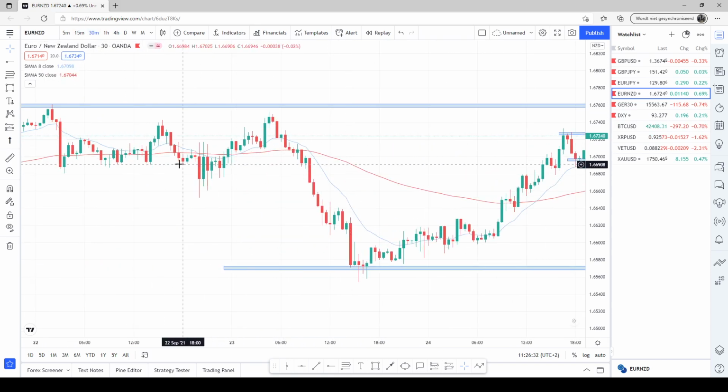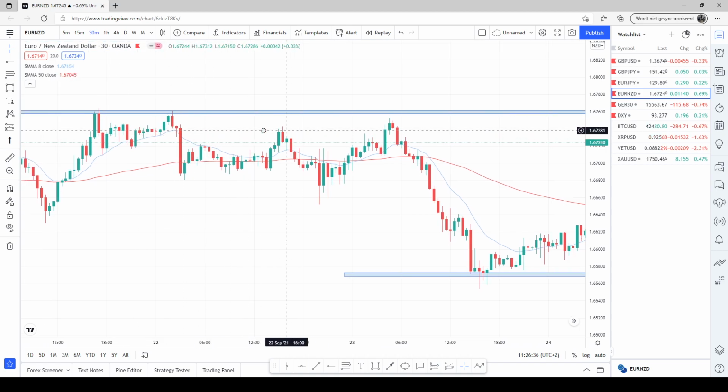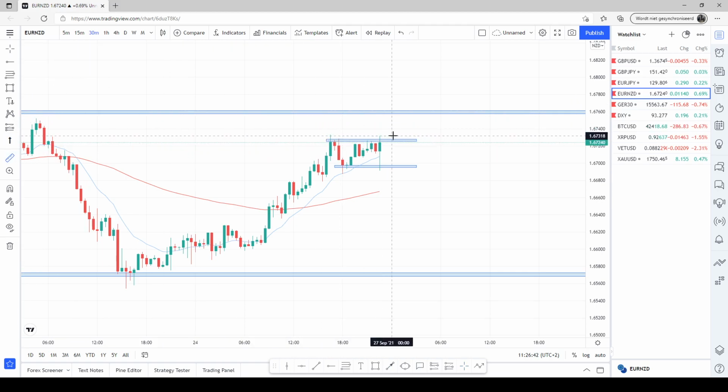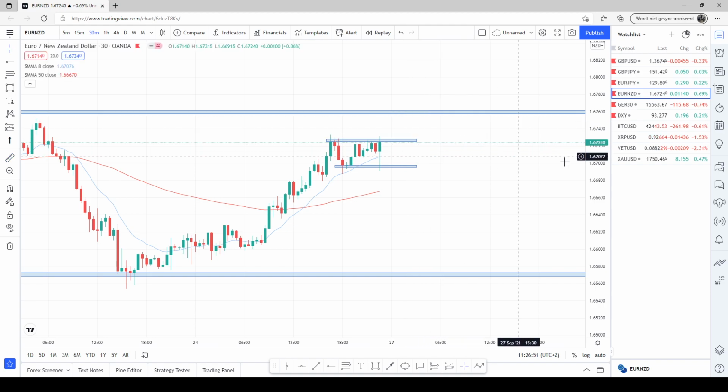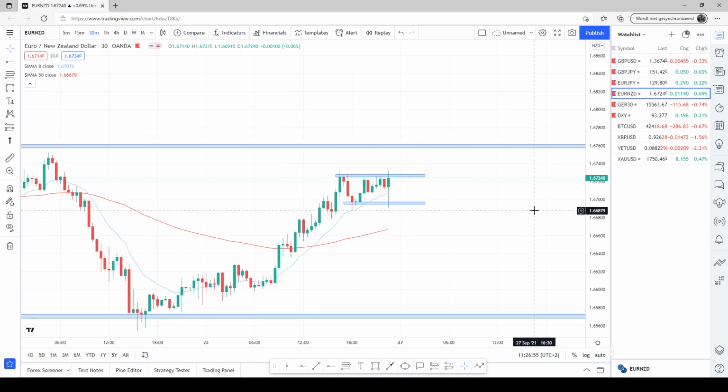We do have this area over here, which isn't the best for entering a trade. It means more traffic, more pending orders, sell orders, stop losses that are gonna be hit, stuff like that. But it could be a good trade. A little bit more risk.